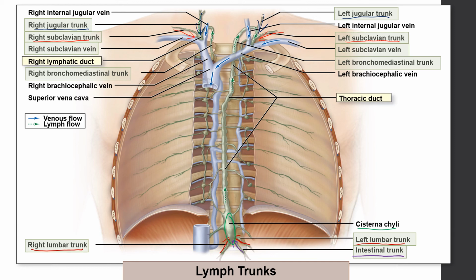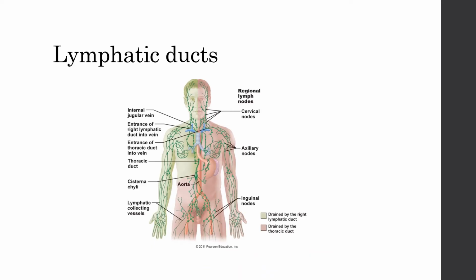And then there's a pair of bronchomediastinal trunks that drain fluid from the bronchi, the lung area, and the mediastinum. There are some other trunks, but those are the ones I want you to know for this class.